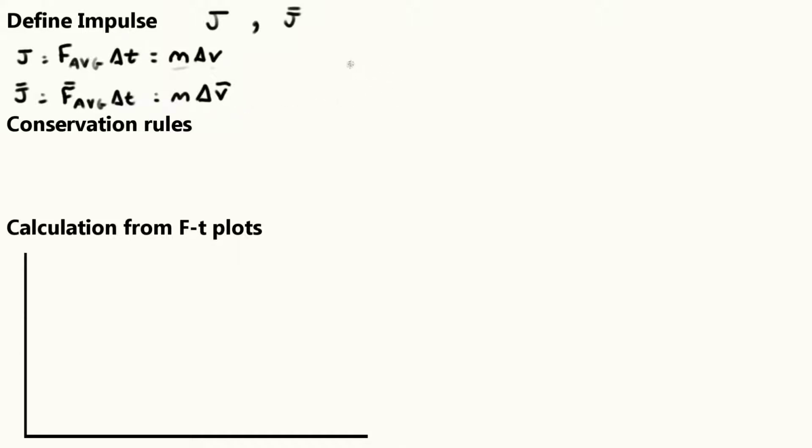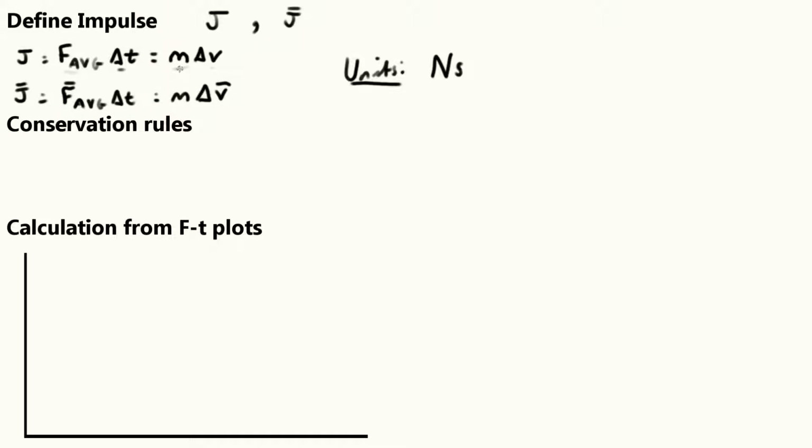Let's also consider the units. As you can see from our formula, if we use dimensional analysis, we have a force, which has the units newtons, multiplied by a time, which has the units seconds. And so we get the interesting unit of newton seconds.